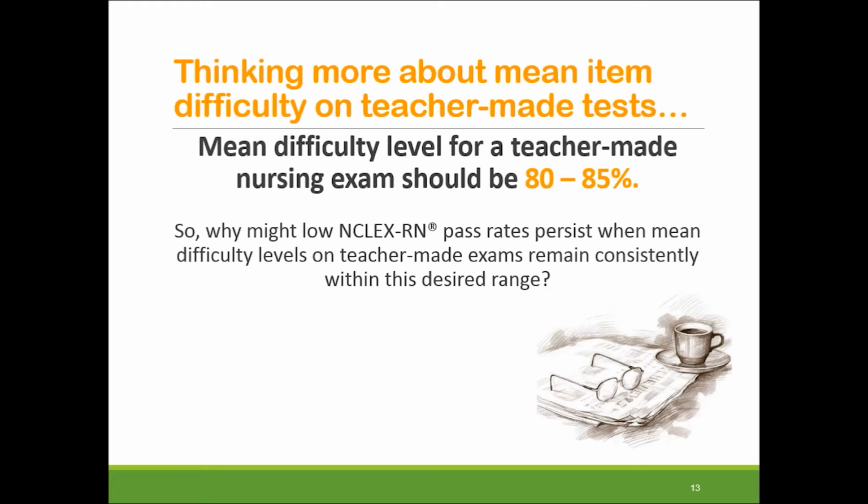Typically what you'll see is mean difficulty levels on a teacher-made exam, and I'll reference nursing since that's the background that I come from. Most teacher-made nursing exams have a mean difficulty of about 80 to 85%. You can probably intuitively arrive at that, because if students are getting about 80 to 85% of the answers correct on this test, then that's their scoring level.